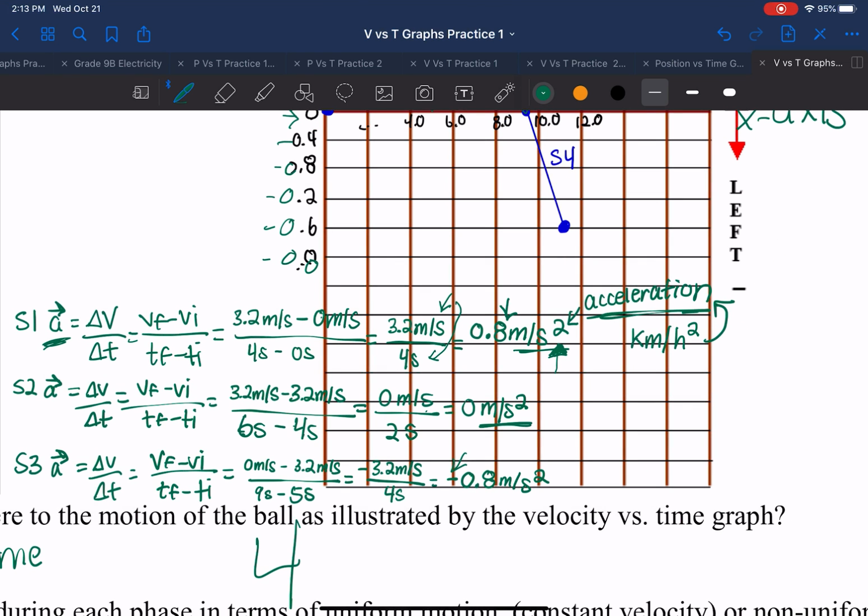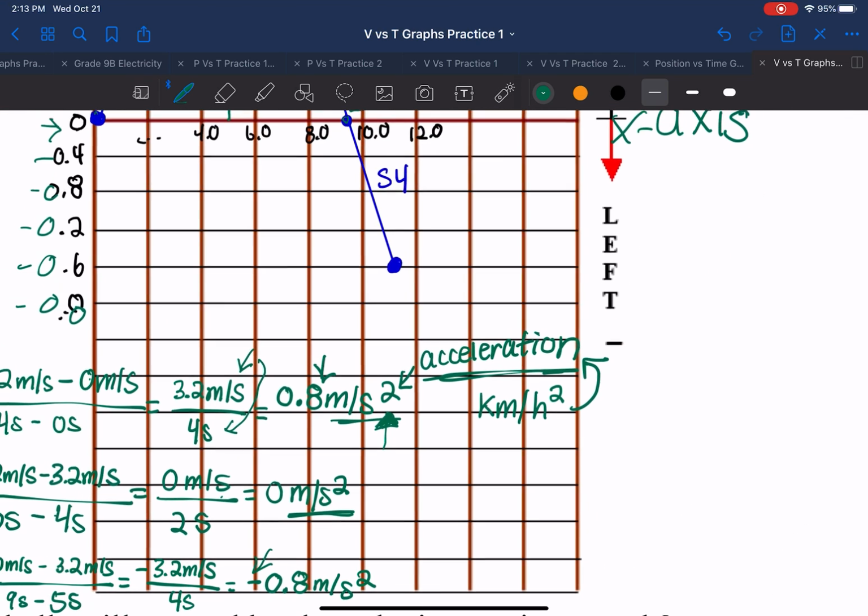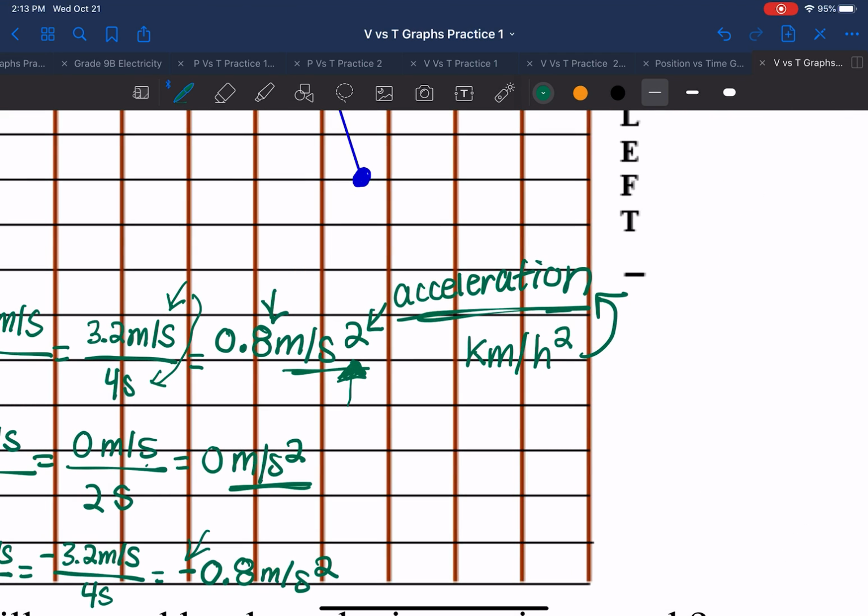We also predicted, moving on to the next one, S4 to have the same acceleration as S3. So S4 acceleration, change in v over change in t, vf minus vi over tf minus ti.